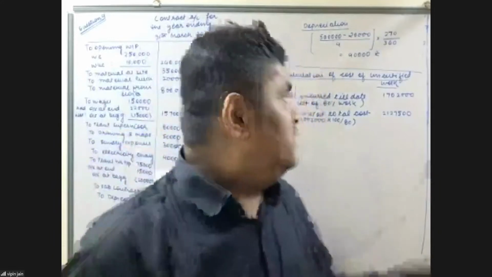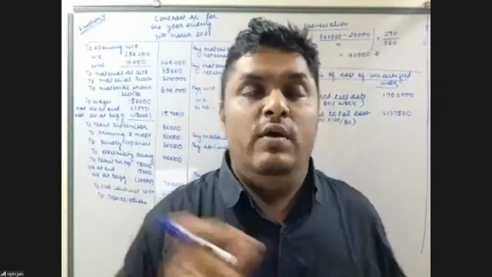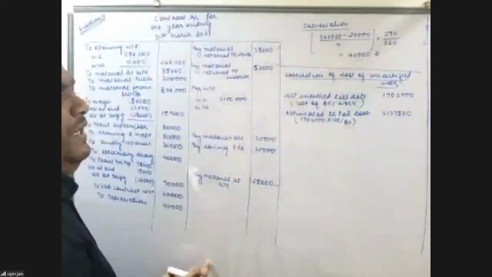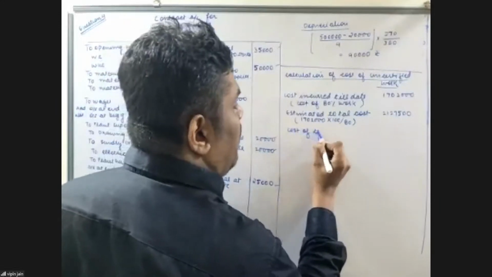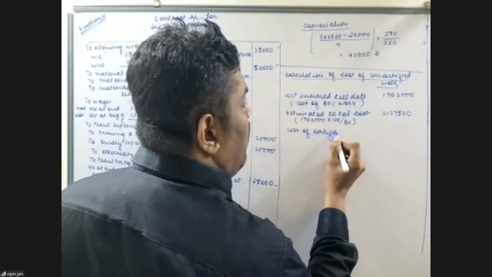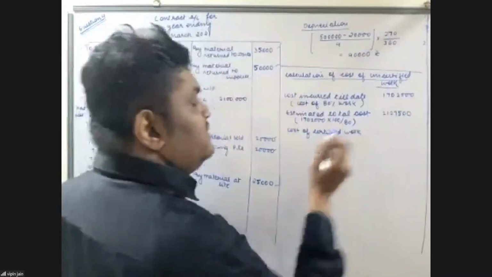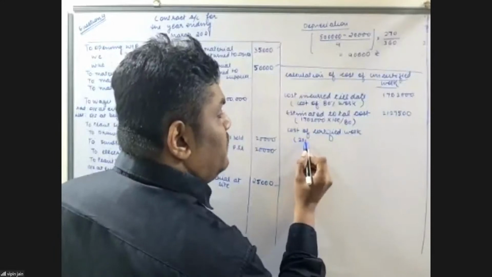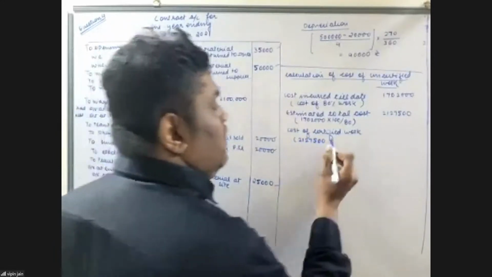Of this cost, 70% cost is already certified, whose selling price is 21 lakh. So the cost of certified work is how much? 21,27,500 is the estimated total cost.